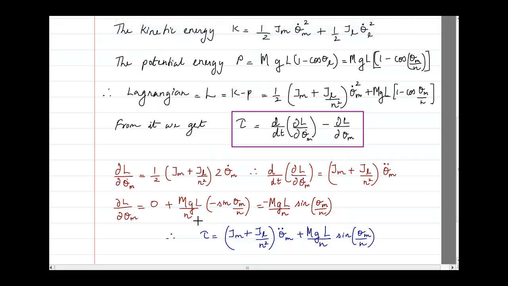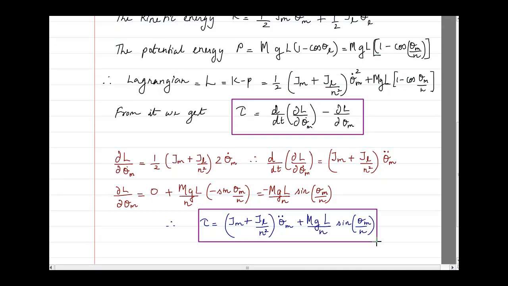So this is the dynamic equation which basically relates the angular position of the motor and the angular acceleration of the motor with the mass, the moment of inertia, the gear ratio, the length of the link, all with tau.